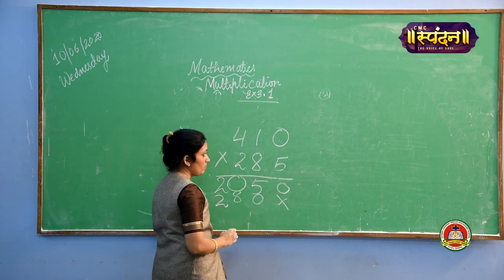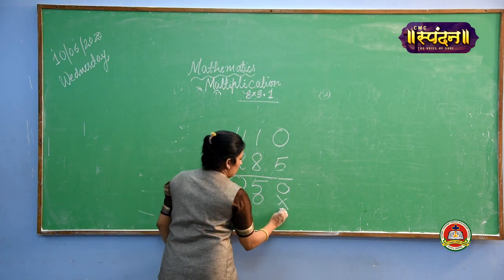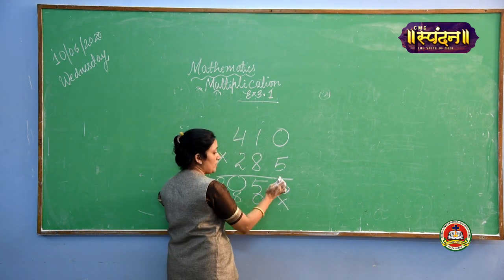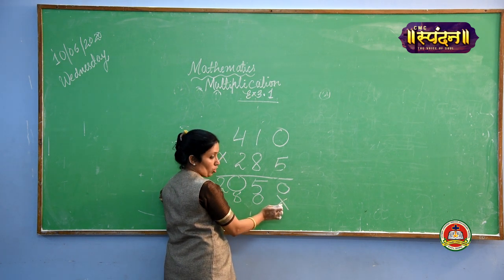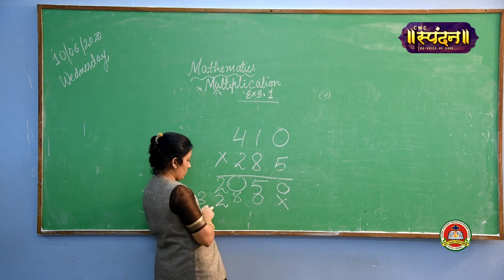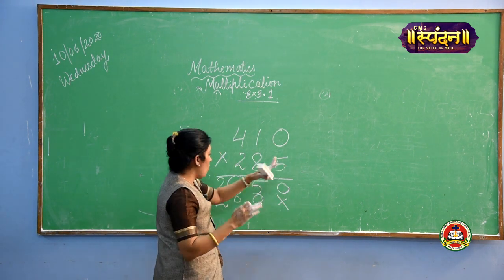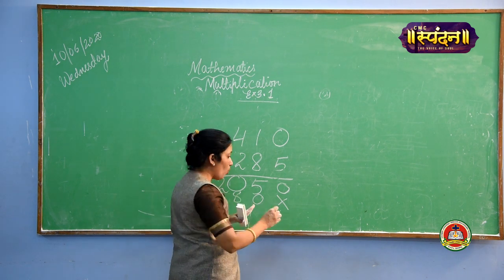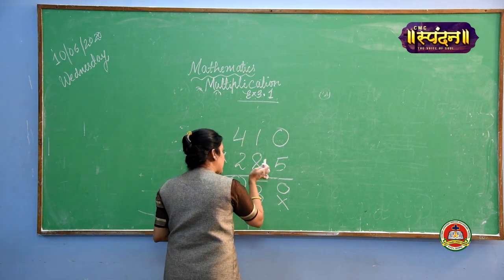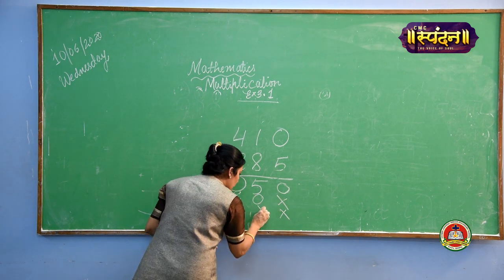See, this is over, so I have put a cross mark here. Am I clear? So now both parts are over. Ones and tens place are over.